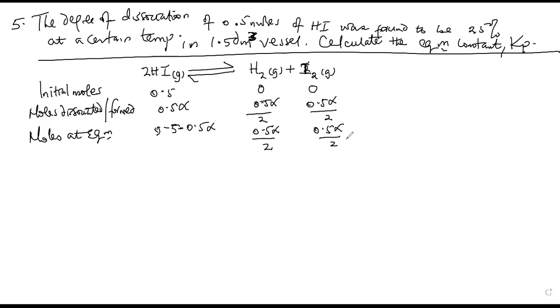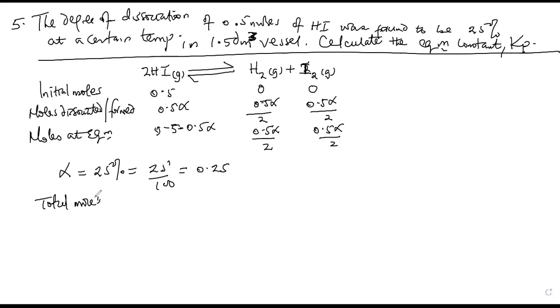Now, they told us that the degree of dissociation was found to be 25%, meaning that alpha is equal to 25 over 100, which gives 0.25. So that is the degree of dissociation. The moment they talk of Kp or anything to do with pressure, we need to first get the total number of moles at equilibrium.